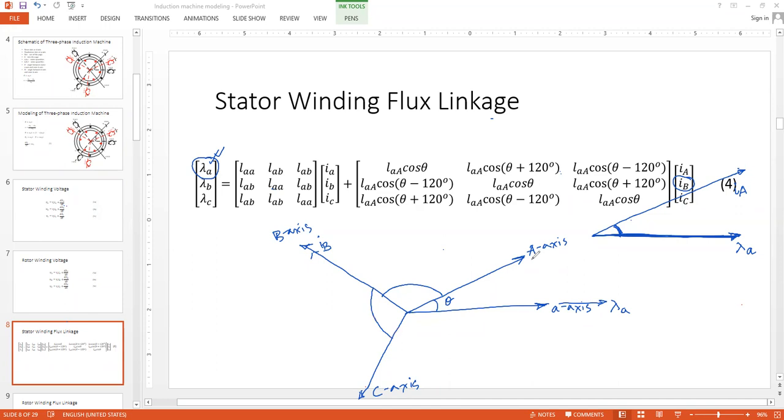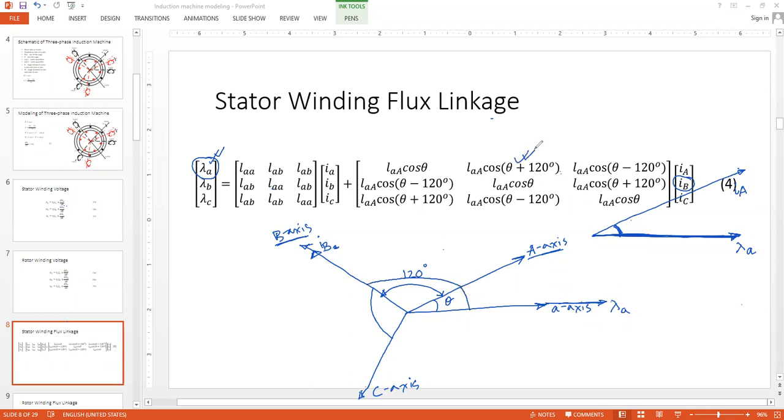Remember, these are rotor coils. A axis, B axis. 120 minus theta? Which one is 120 minus theta? How much is this? A axis and B axis for the rotor. 120, sir. 120. Excellent. So if the current is flowing along this axis, I'm looking for the linkage along this axis. So how much is this angle? 120 degree plus theta.